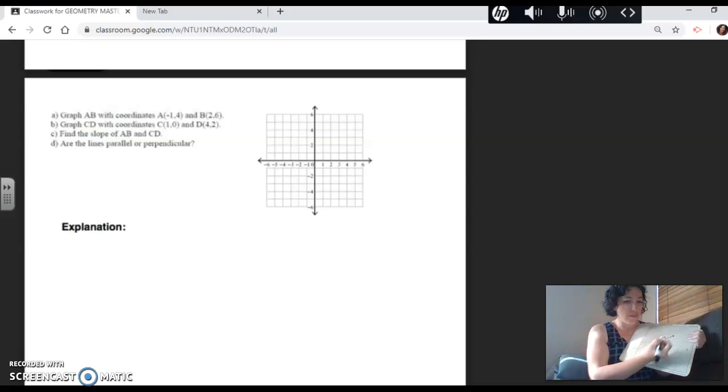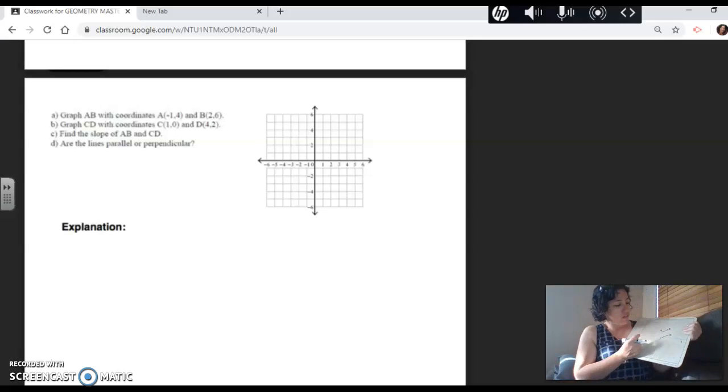That's B. And then I have 1, 0 and 4, 2. That's CD. So if you look at this one, this is going up 2 and over 3. That's the slope of that line. This one's going up 2 and over 3.